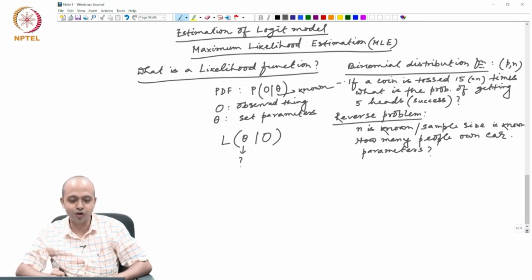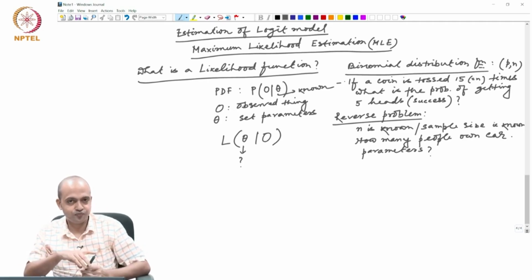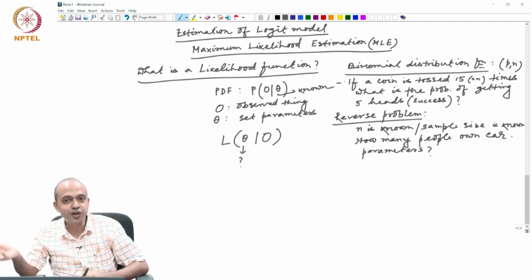That is why it is called the maximum likelihood function. In short, I already observed a sample where, out of 15 individuals, 5 individuals are owning a car.